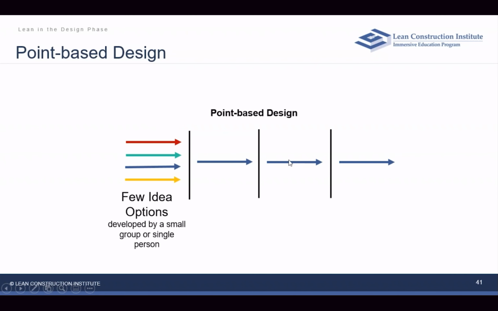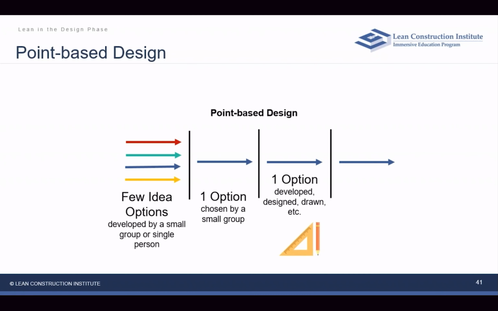So we'll start with these few options, and then a single person or a small group of people will make a decision, and that option is chosen, and then we move on. And then we develop and design that option. I'm showing a pencil, probably not a lot of pencil drawing going on anymore, but this is where we're starting to get this drawn and solidified into the drawing.